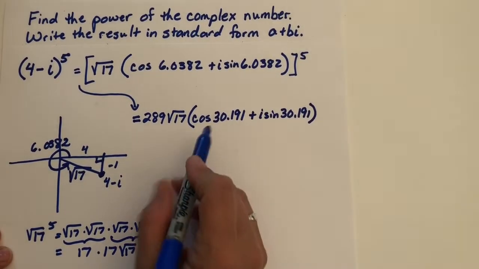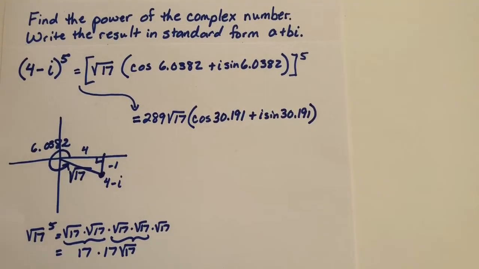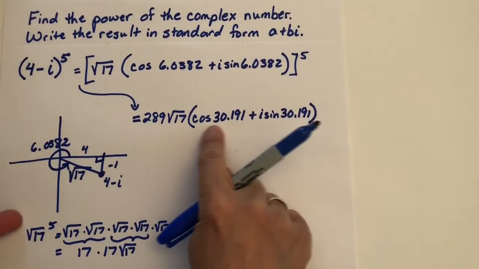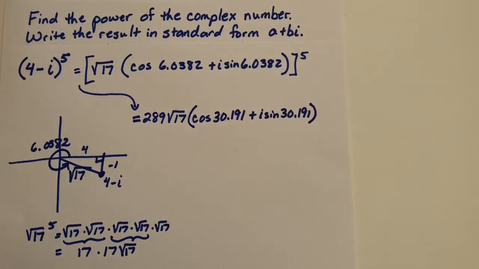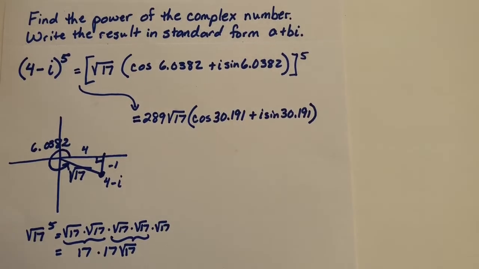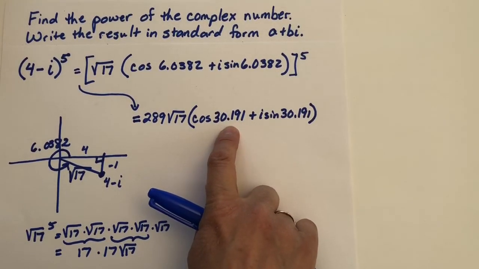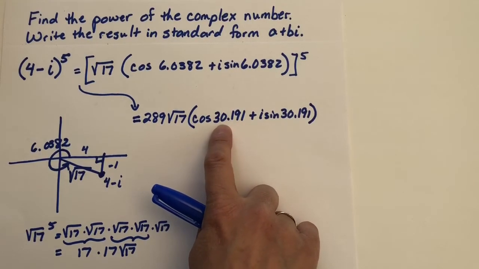Now, when I'm doing this problem, I actually have on my calculator not just this number right here. When I multiplied by 5, I actually have 30.19103322 on my calculator.